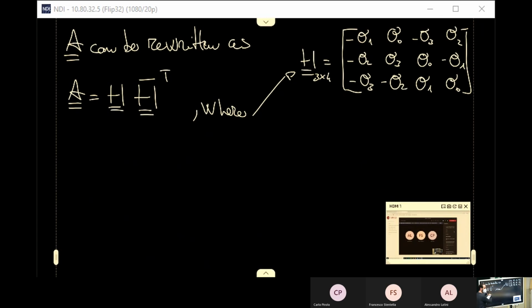So the useful thing about this reformulation is that we can write a nonlinear relationship between A and the Euler's parameters as a composition of linear matrices, okay?